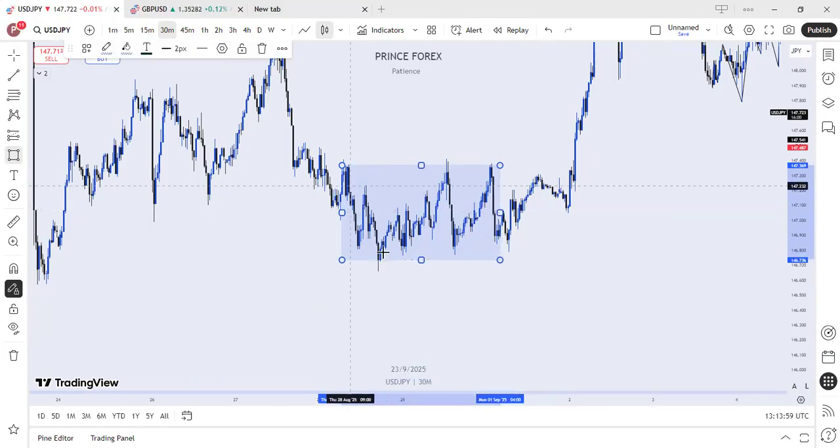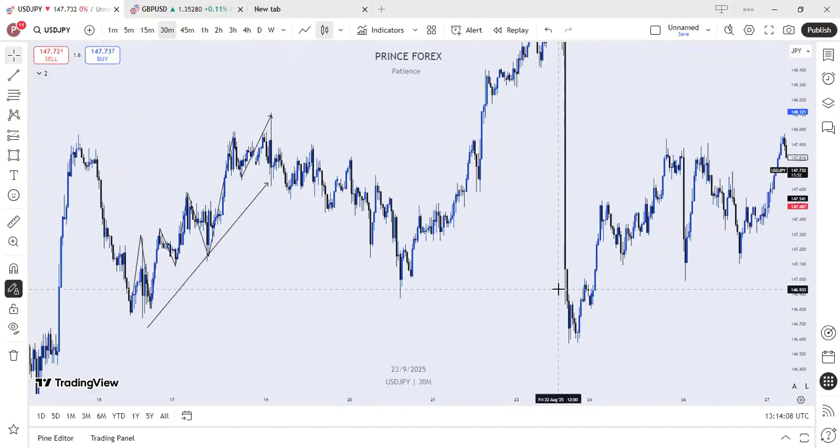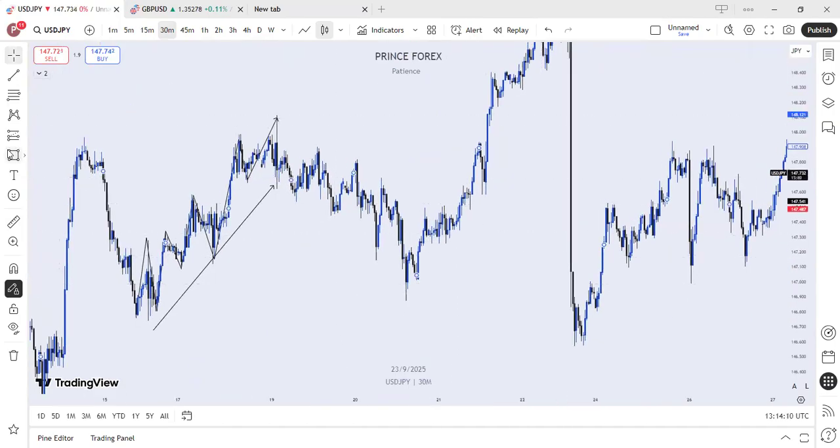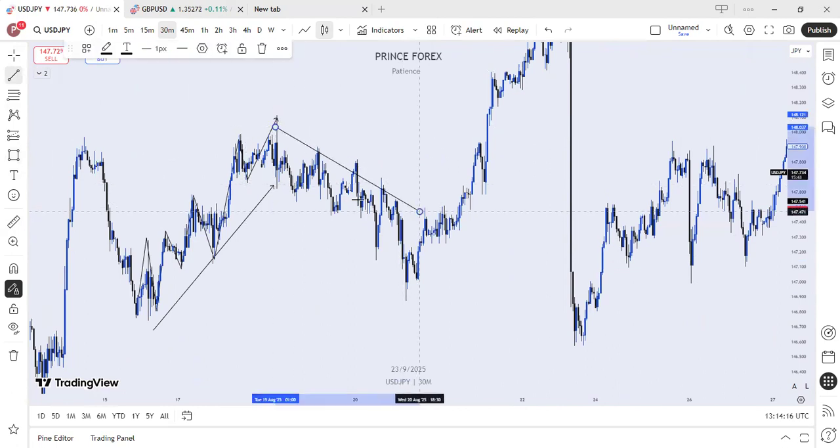From one resistance to support, resistance to support, resistance to support. There was no clear direction over there, right? So that is an example. This is also an example here. This particular move is an example of a ranging market.